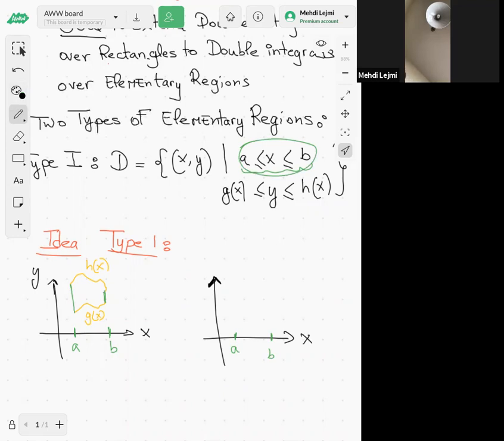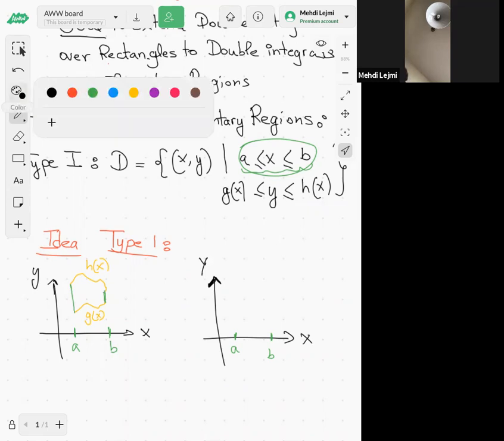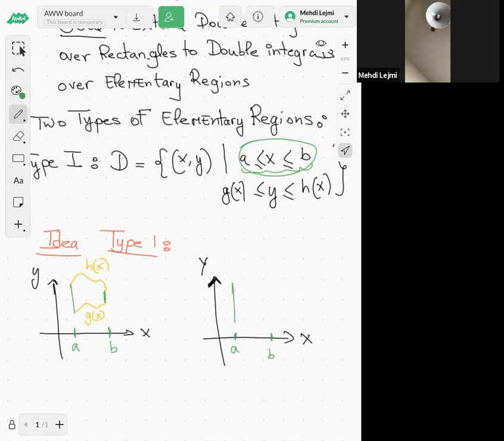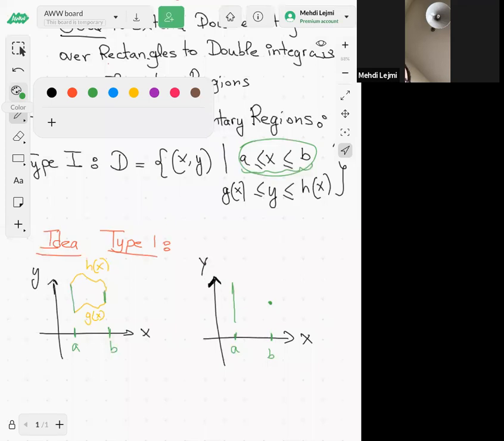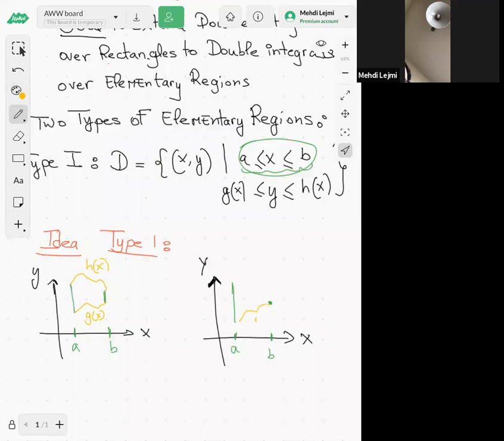So at a, let's say you have a segment, and at b, you're gonna have just a point. Now you're gonna connect the segment to the point. In the bottom, you're gonna have this function g of x, and in the top, this function h of x. So that's a type 1 region.